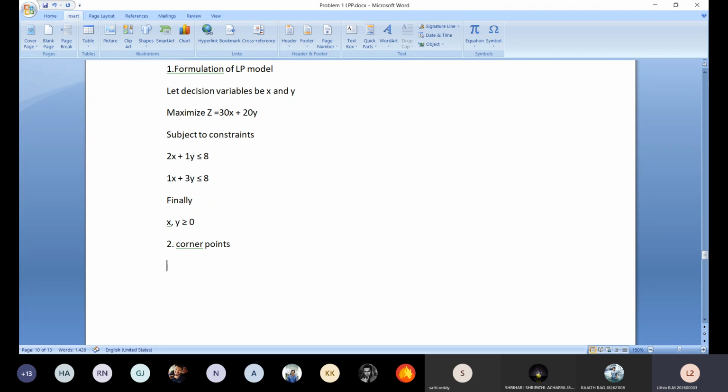So what do I do? I convert the first inequality constraint into an equality constraint.